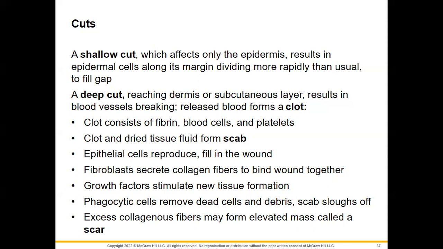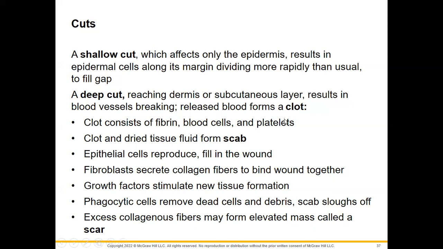So with a deeper cut breaking your blood vessels, you're going to have blood released into those areas. And as the blood is being released, eventually the platelets and other factors will go in and start to form a clot. A clot is made up of a chemical called fibrin. It's made up of blood cells and platelets.